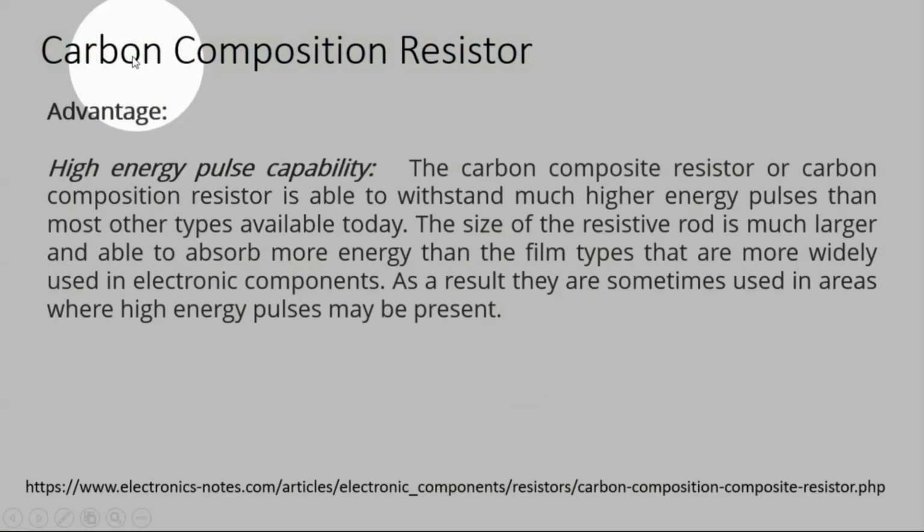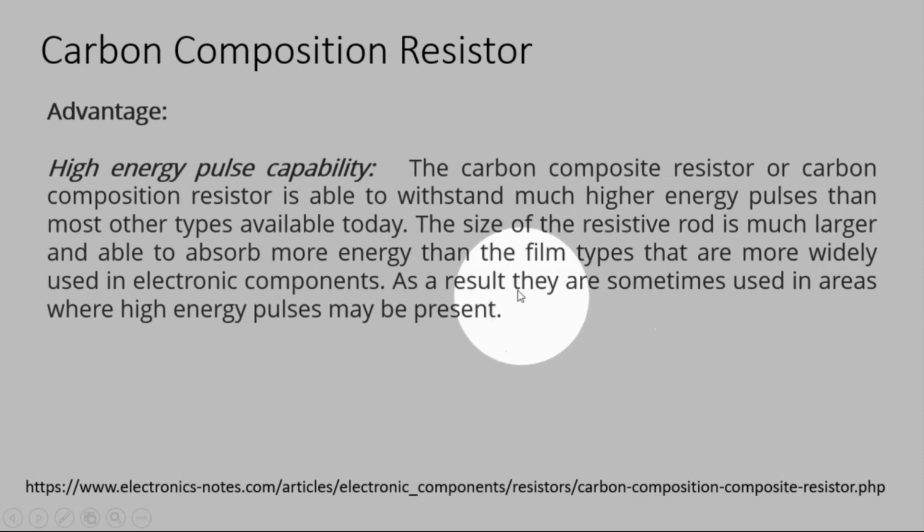For the carbon composition resistor, the main advantage is that it has a high energy pulse capability. So the carbon composition resistor can withstand much higher energy pulses than most other types available today, as compared to the film types.